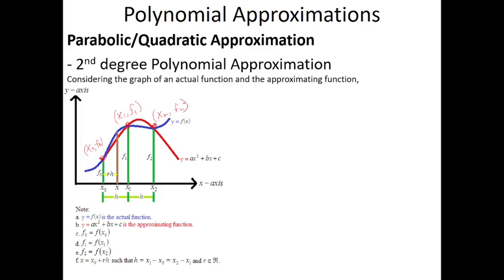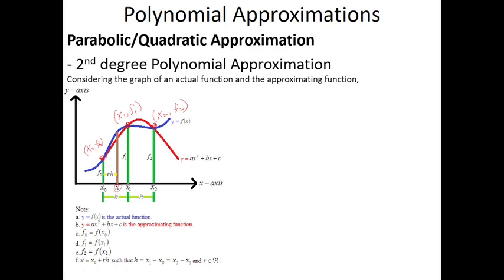The graph of the actual function passes through these 3 points. Likewise, the graph of the approximating function passes also through these 3 points. Applying the forward Gregory-Newton interpolation formula, we have f sub 0 equals f of x sub 0, f sub 1 equals f of x sub 1, f sub 2 equals f of x sub 2. Likewise, x equals x sub 0 plus rh.